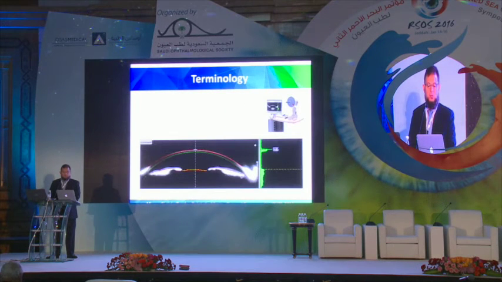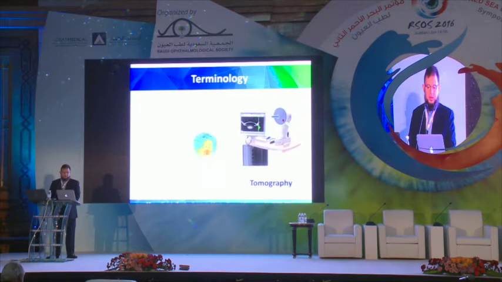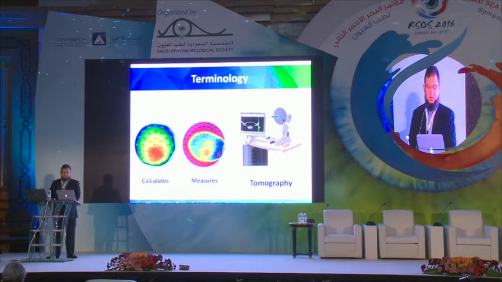Tomography depends on taking a slit view of the full thickness of the cornea, and it measures the elevation map directly and calculates the curvature map indirectly. So it is opposite to topography. Topography measures the curvature map directly and calculates the elevation map indirectly, and here tomography is just opposite.